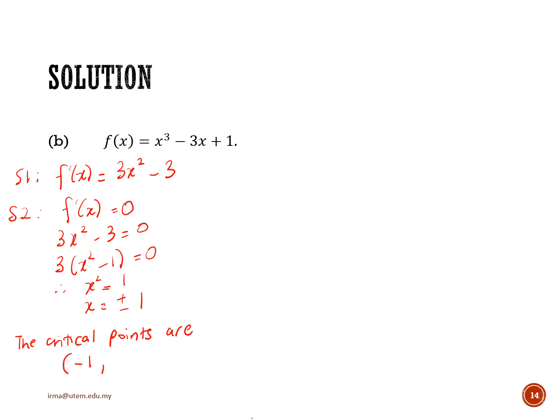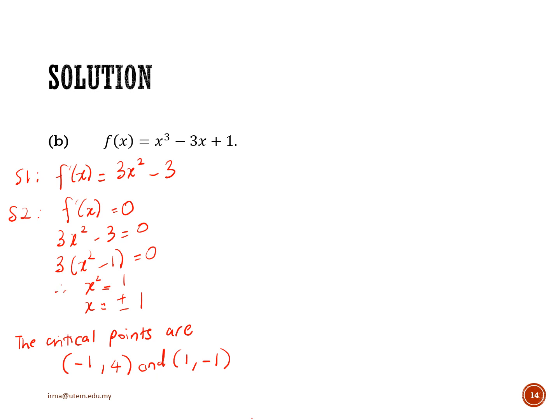When x equal to negative 1, you will get y equal to 4. This is by substituting x equal to negative 1 into the function f(x). And when you have x equal to 1, your y will be negative 1. Since we have two critical points, we need to construct two tables: the first is for x equal to negative 1 and another table is for x equal to 1.